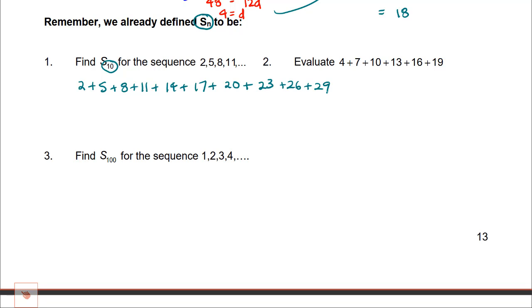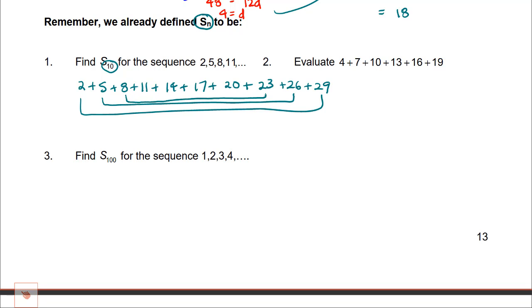Now, nobody wants to add this, but there's a shortcut. You ready? This is 31. This is 31. This is 31. This is 31.